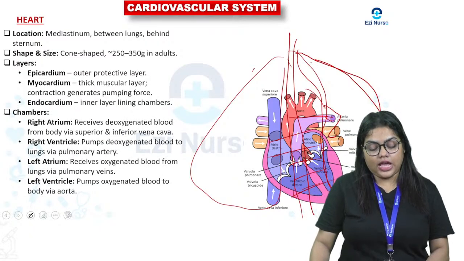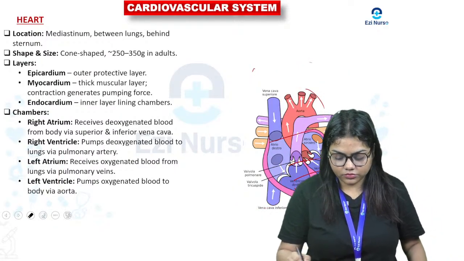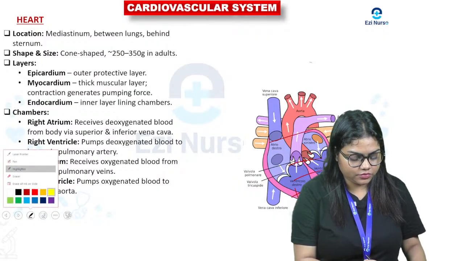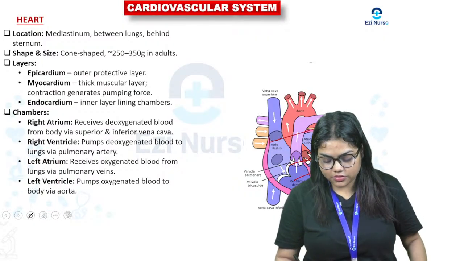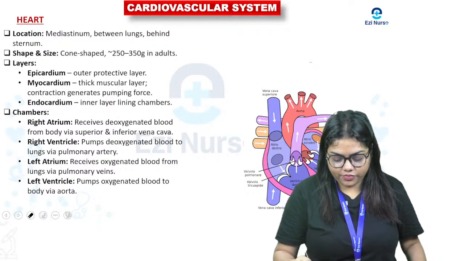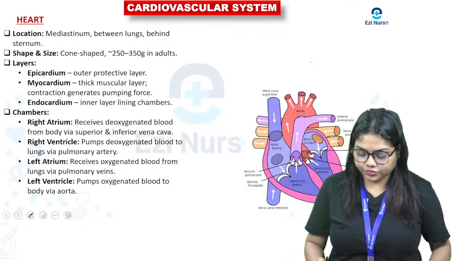Now in the heart we have 4 chambers: right atrium, right ventricle, left atrium, left ventricle.